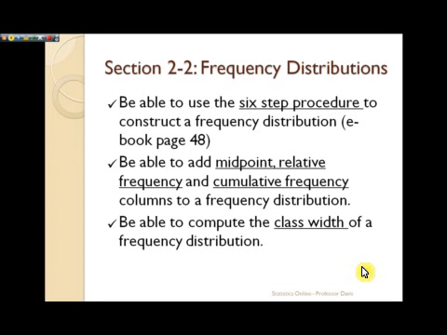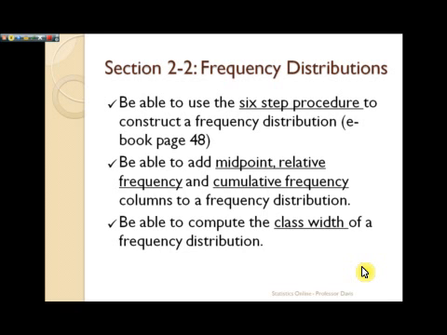If you take the upper limit minus the lower limit, you'll always get the wrong answer. You'll always be off by 1. So that's not the way we compute the class width. We take the difference between 2 consecutive lower class limits or 2 consecutive upper class limits, or we could also take the difference between 2 consecutive class midpoints and get the class width as well.